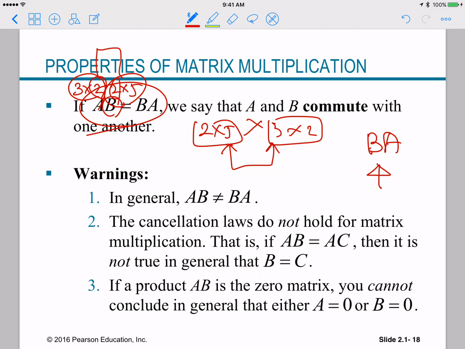And then how can we make this definition possible? Can anyone answer before I give you the answer? A should be? Yep. Good answer.